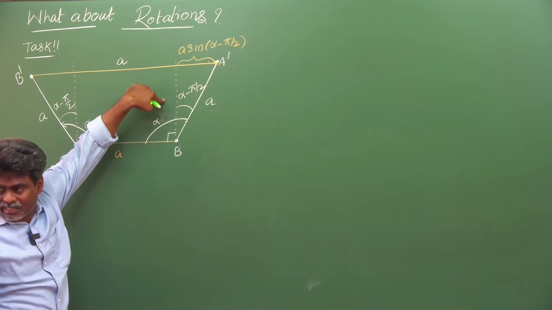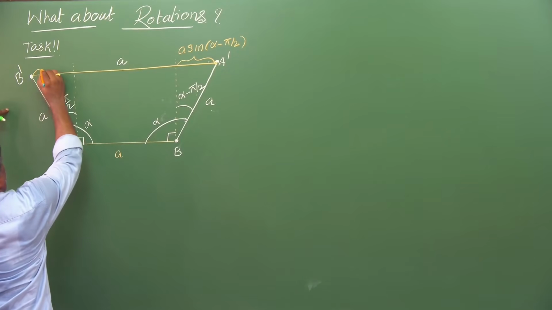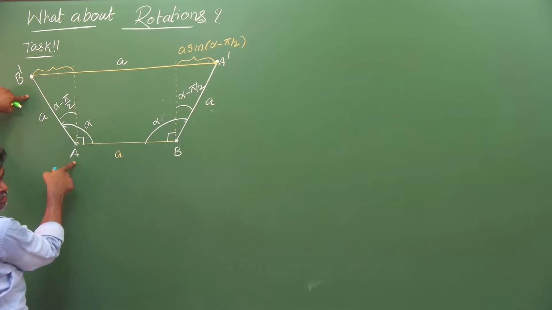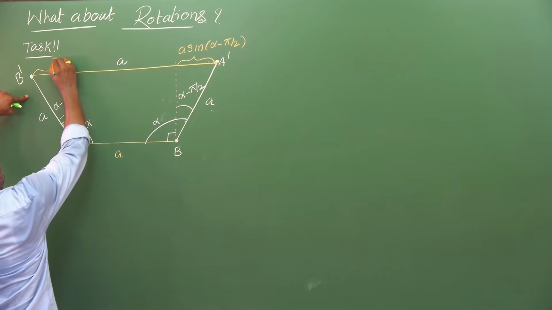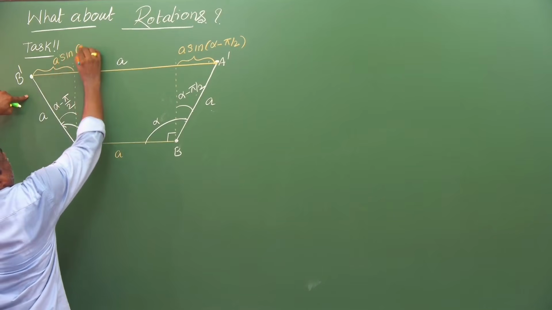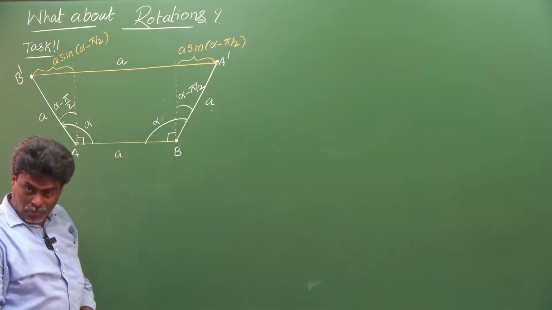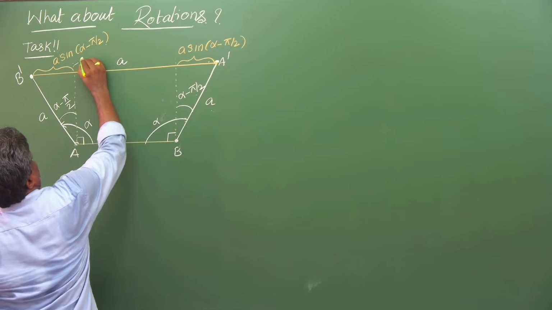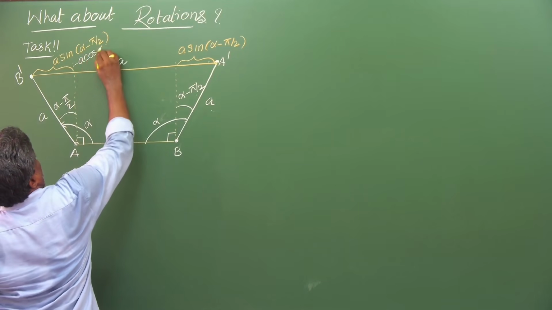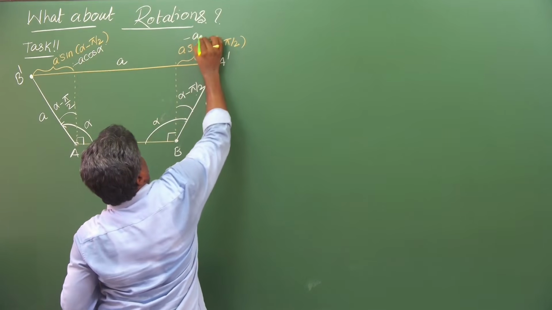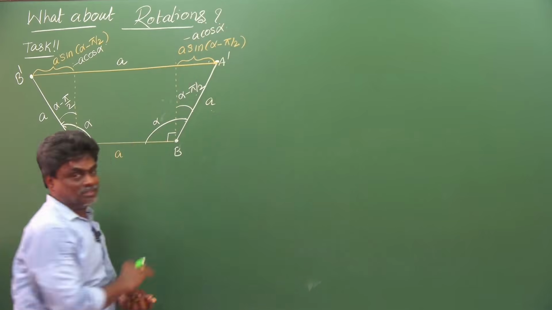Everybody understand? Now, similarly, this is the hypotenuse. This is the opposite side. That's why A sine alpha minus pi by 2. Okay. I think I can write this as minus A cos alpha. I can write this as minus A cos alpha.